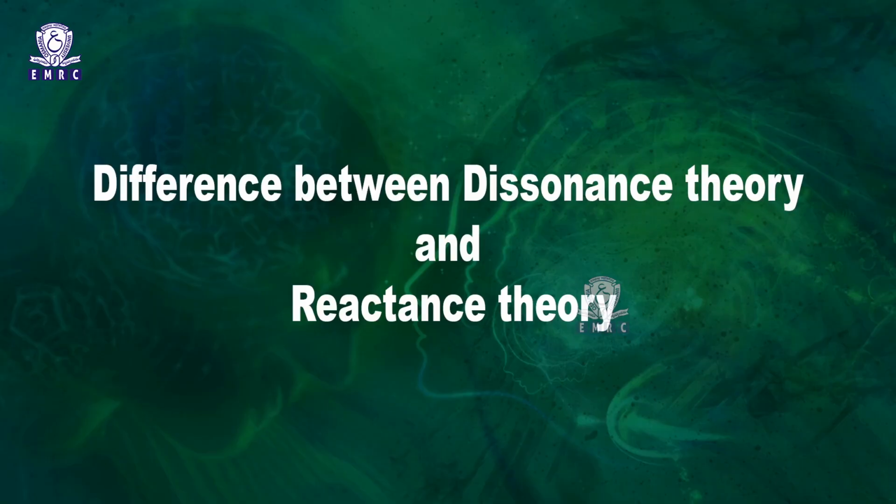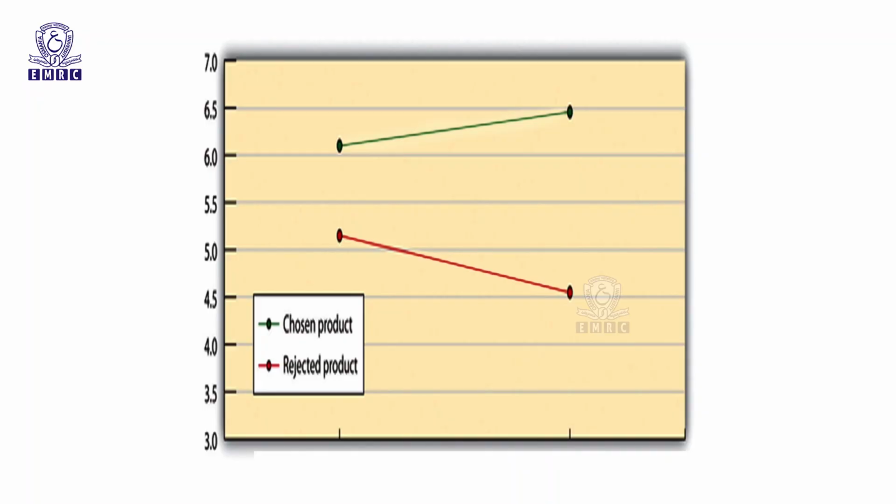So, finally, let us talk about the differences between dissonance theory and reactance theory. Research on cognitive dissonance demonstrated that after choosing between two relatively attractive items, individuals enhanced the attractiveness of the chosen item and depreciated the rejected item.